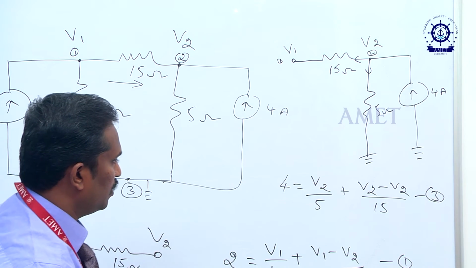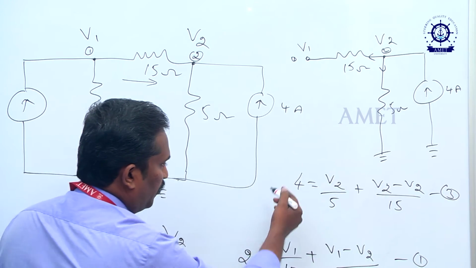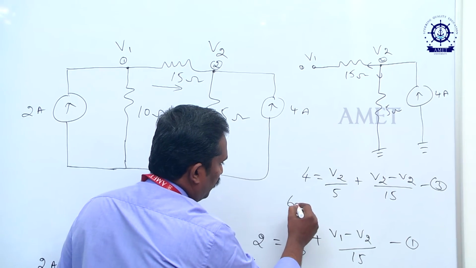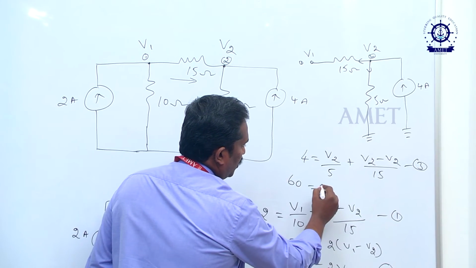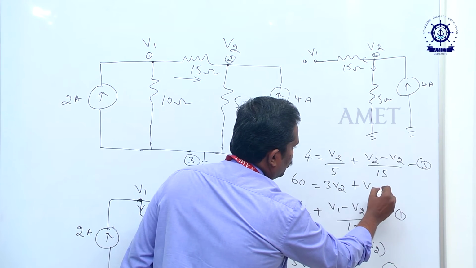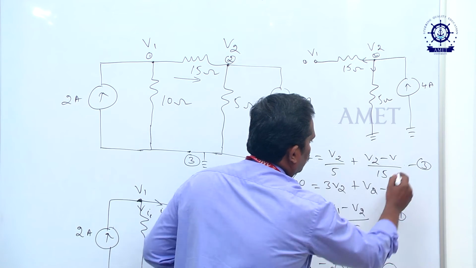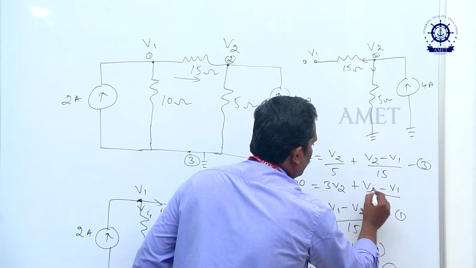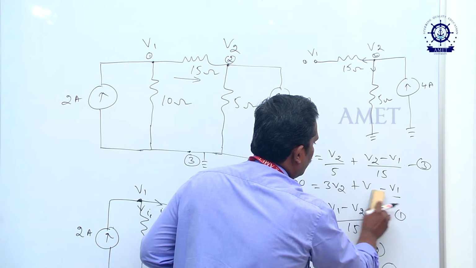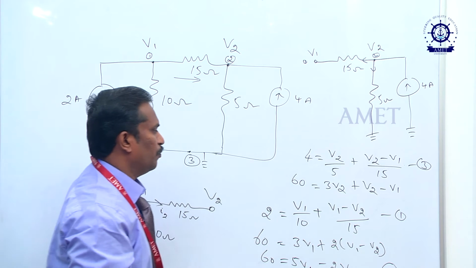Rearrange this equation. Here also you multiply by 15 on both sides. If you multiply 4 into 15, you get 60. Here you will get 3 V2, plus V2 minus V1. So 15 multiplied on both sides gives V2 minus V1.